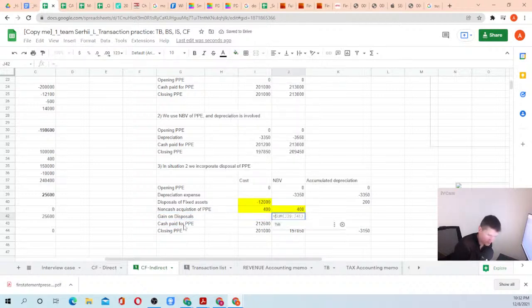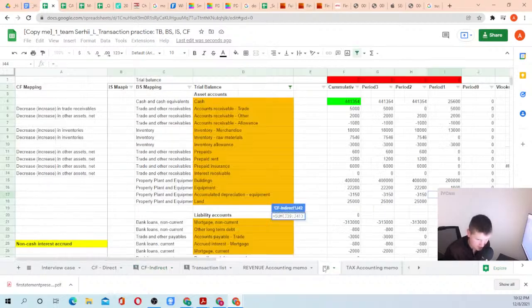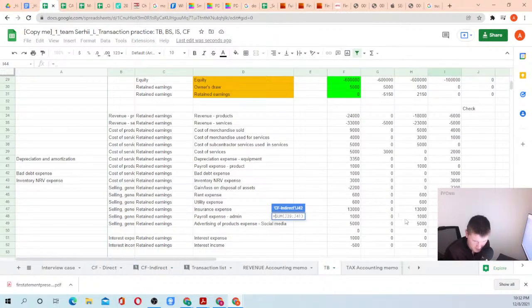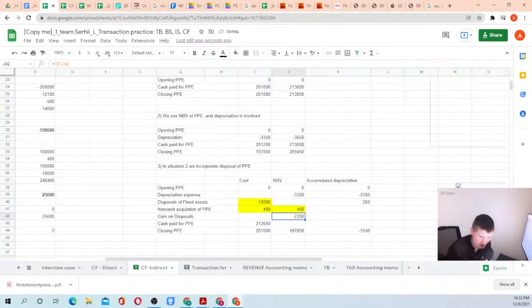Gain on disposals we can take from the trial balance or income statement. 2,000.